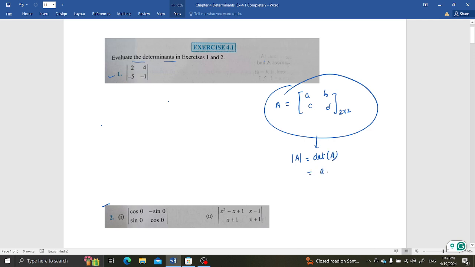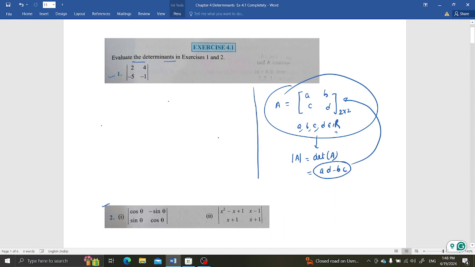We find it as ad minus bc for a 2 cross 2. As a, b, c and d are all real numbers, ad minus bc is also a real number. This real number is associated with the matrix, and it is called the determinant of matrix A.